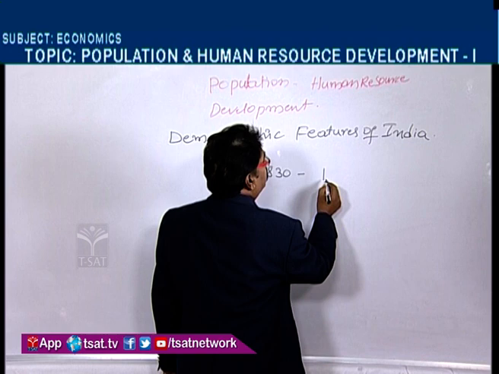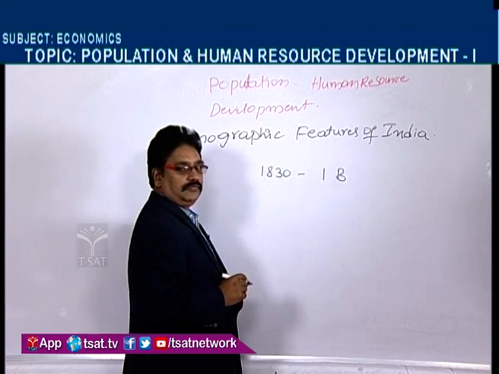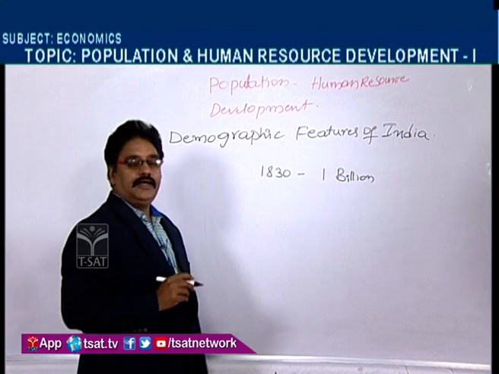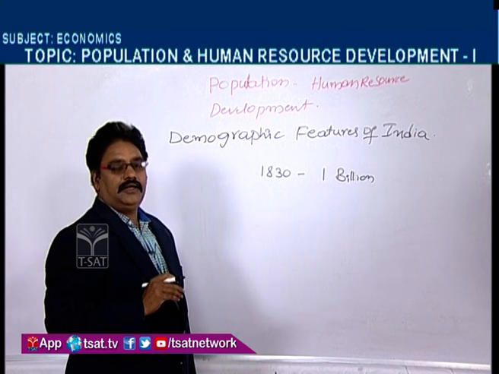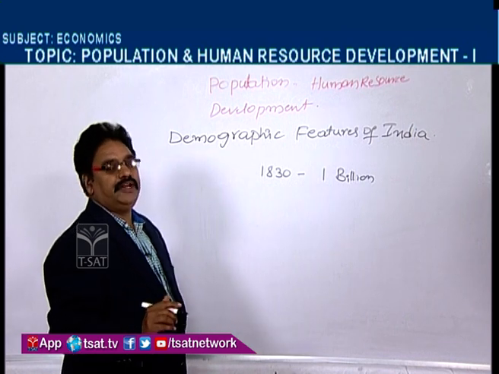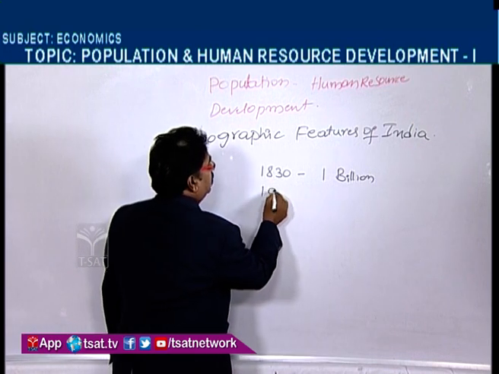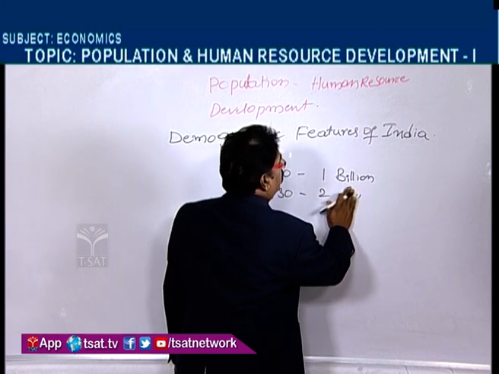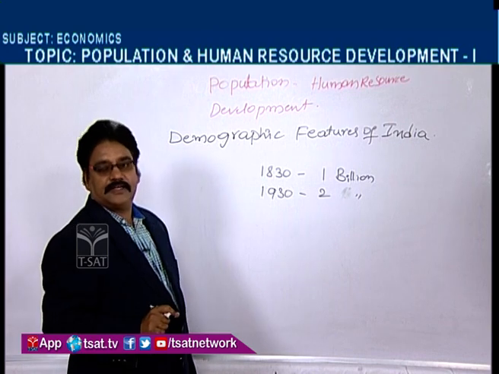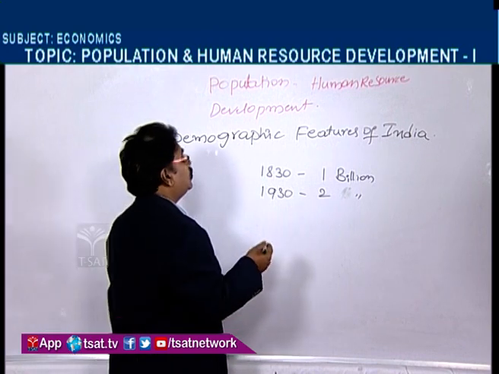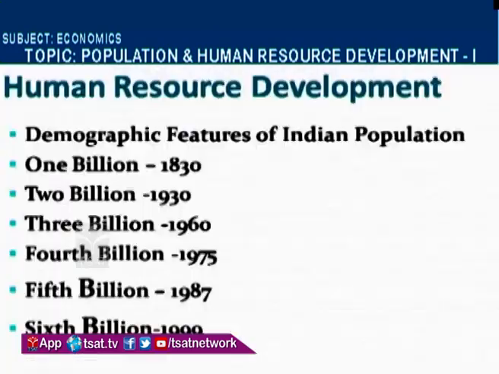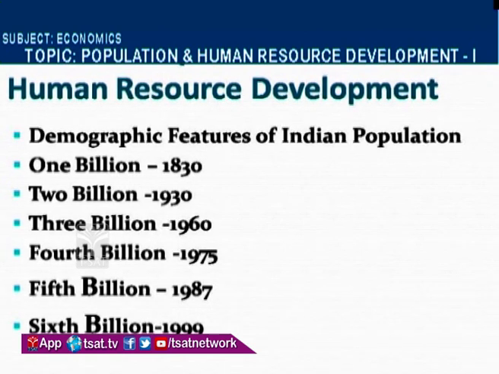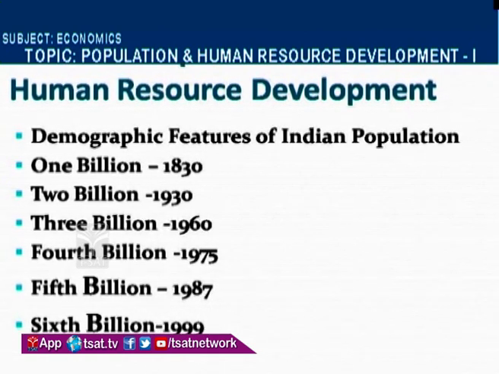The world population was 1 billion. For the world population to increase from 1 billion to 2 billion, it took 100 years. In 1930, the second billion. To increase one more billion, it took only 30 years, until 1960.